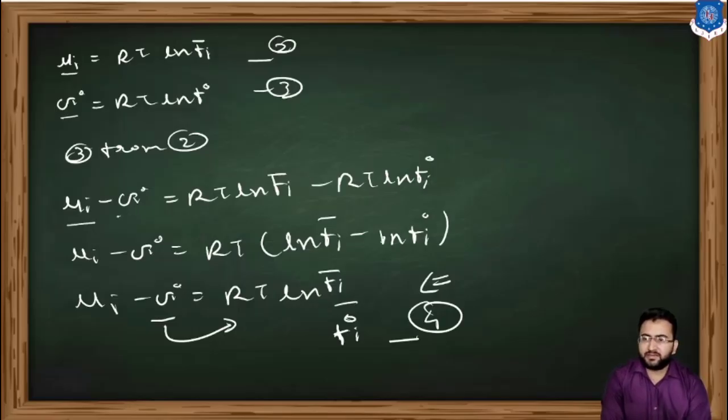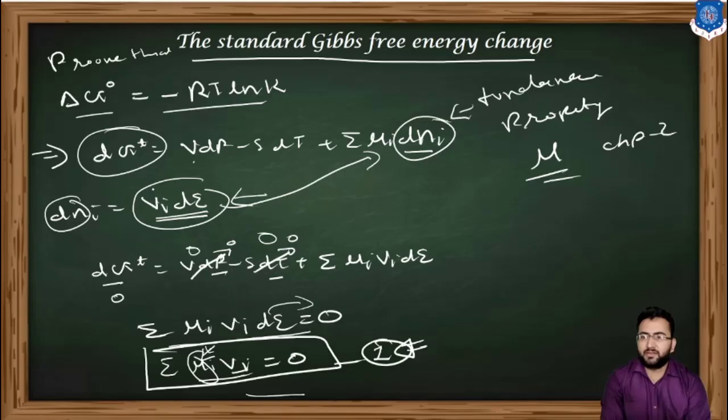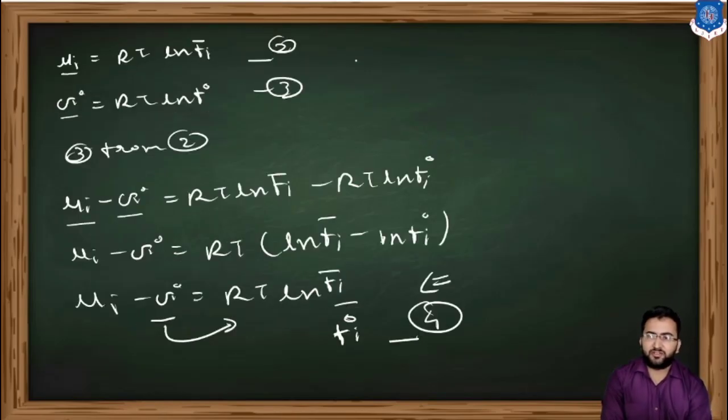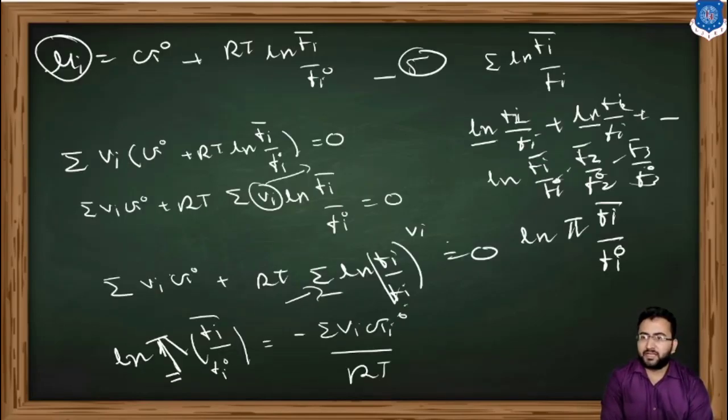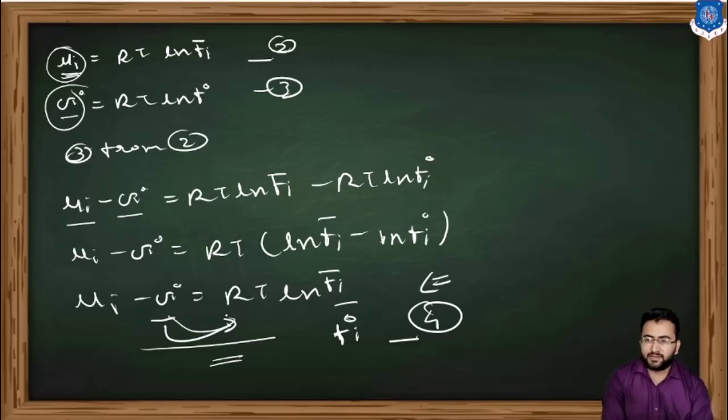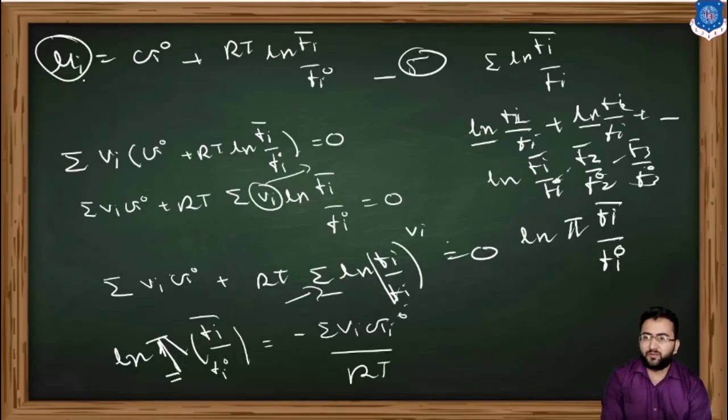We need the change from the standard state, because our question is about the standard state Gibbs free energy, so I cannot only use mu I. I have to subtract this G naught from mu I, so it becomes RT ln Fi bar upon Fi naught. Simplifying this equation and taking G naught to this side, I will get the value of mu I.